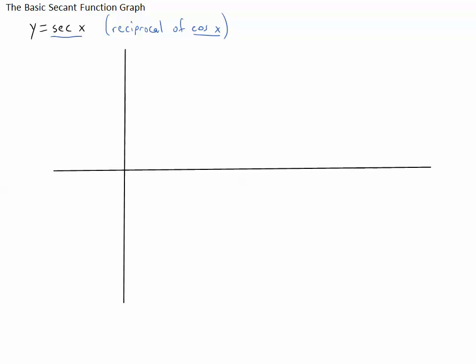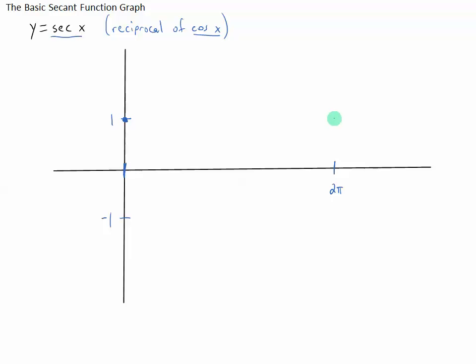So the first thing I will do is in blue I will graph the cosine function, and we know that cosine goes through a full cycle as the angle x ranges from 0 to 2 pi. So here's 0, here's 2 pi, and we also know that cosine ranges from -1 to 1. So I'll mark -1 and 1. And so the basic cosine function starts up here at 1 whenever the angle x is 0.